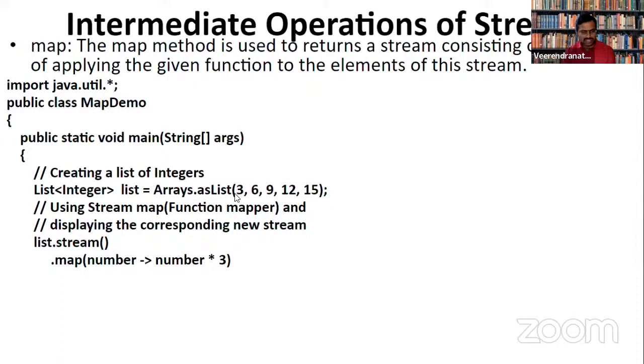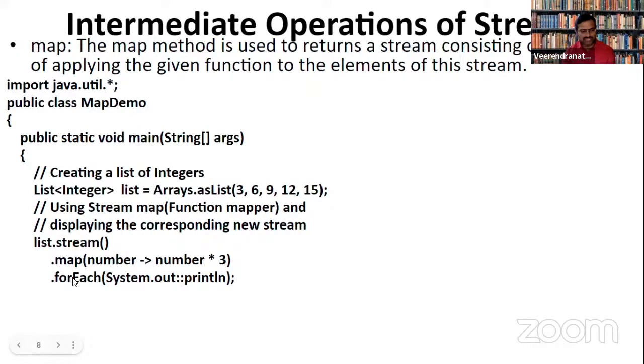Now you can see, each element we have provided in the list is taken as a number. So number into 3: 3 into 3, which is nothing but 9. So 9 is the first result. Now forEach is again a terminal operation, and we'll learn about it.